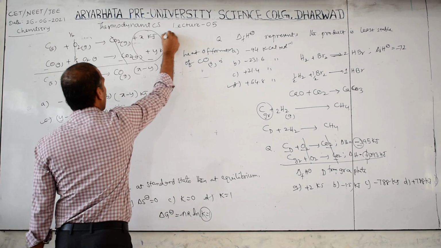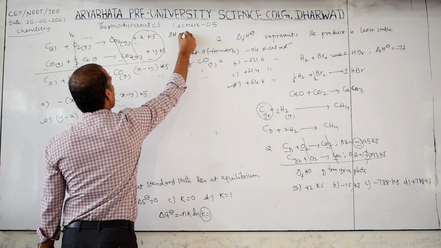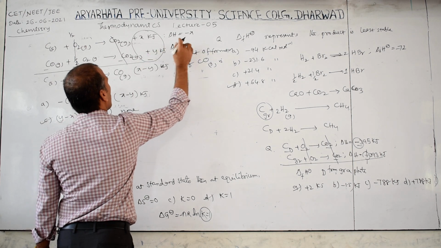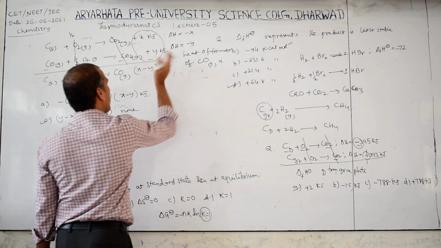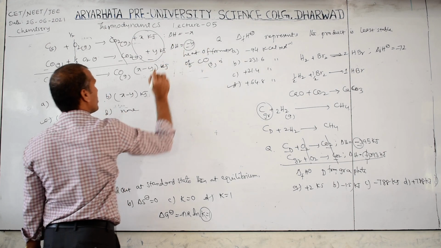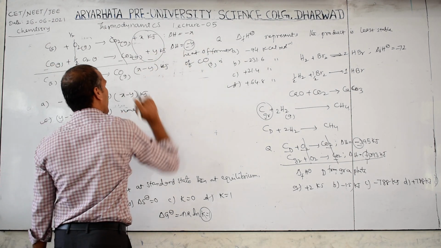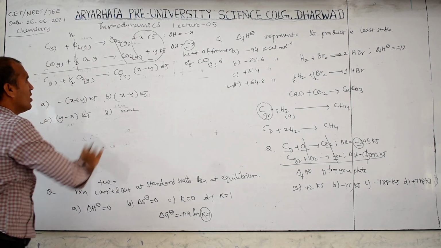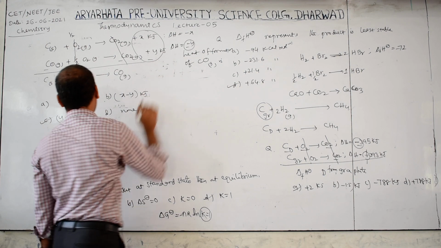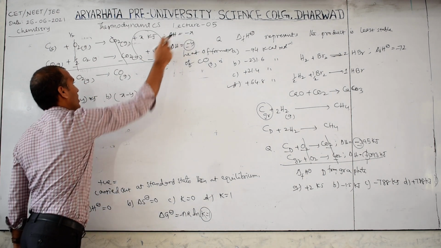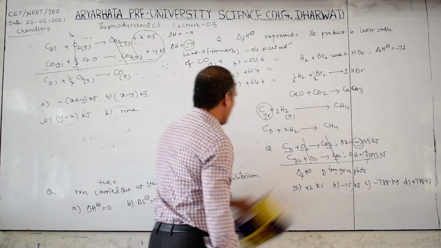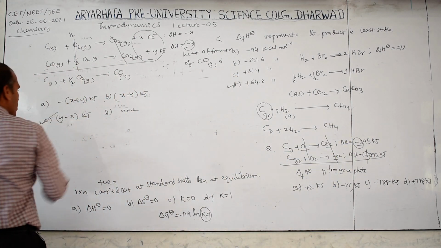Because see, this delta H is equal to minus X, and this delta H is equal to plus Y, given. When you reverse, this is multiplied, meaning this becomes positive. Therefore Y, this is X. Therefore this is the correct one, not this one. So minus into minus is plus, and this is minus X, because already in this case I calculated the same way. Therefore option C is correct.